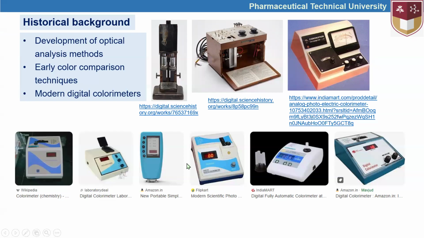And further, even the absorbance detectors were digitalized.